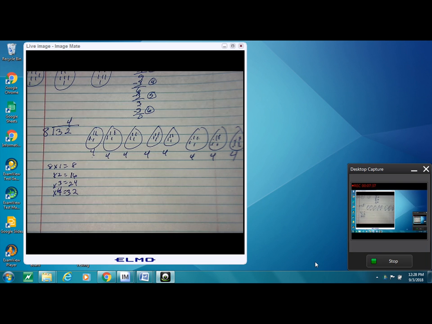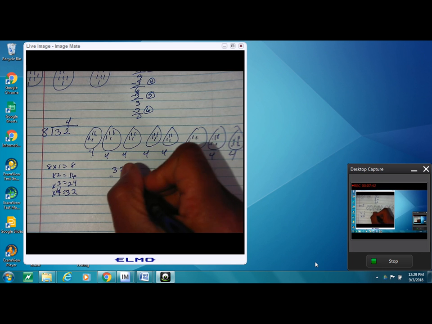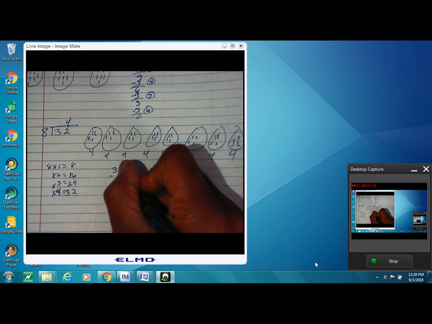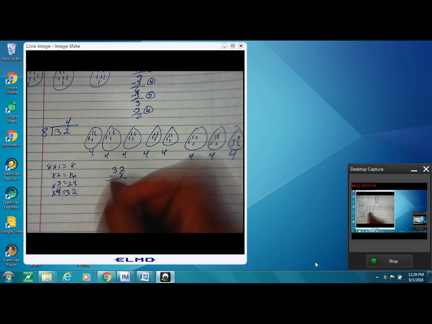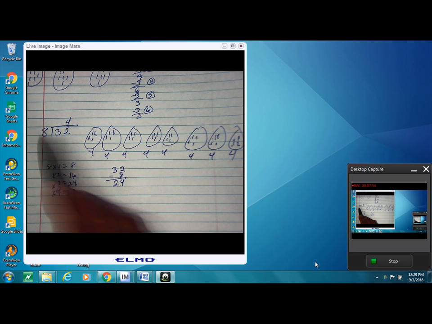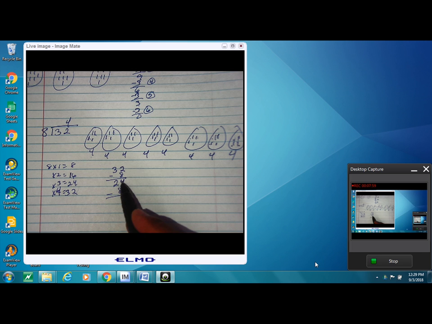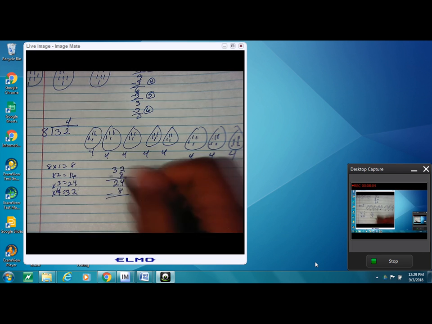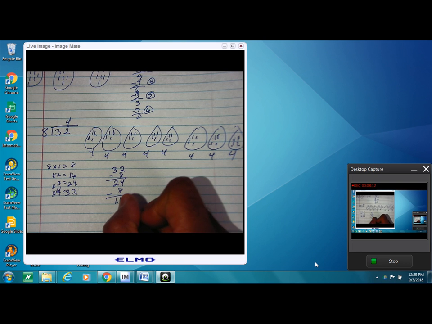The other thing you can do is this. 32 minus 8 until you cannot take 8 away again. So 32 minus 8 is actually 24. If you have 24, can you give 8 away again? The answer is yes. So you do it. 24 minus 8 is 16. If you have 16, can you give 8 away again? Yes.